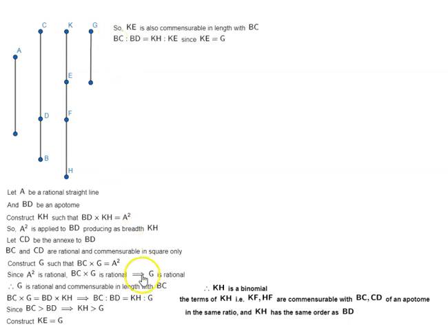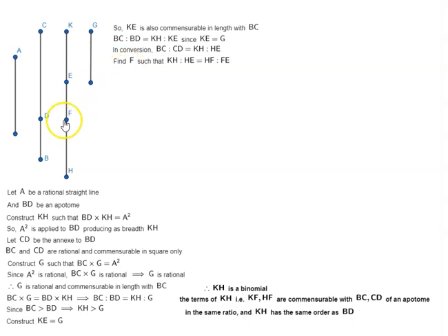So, we can write this proportion as BC is to BD is equal to KH is to KE, since KE is equal to G. By conversion, we are looking at the remainder. So BC is to CD is equal to KH is to HE.